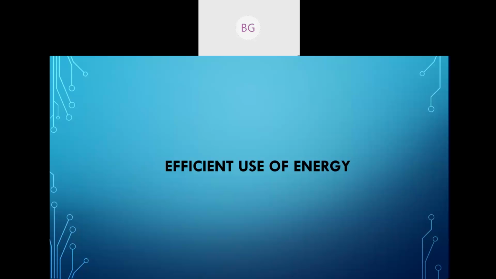So what is happening here? As the weight of the vehicle decreases, it uses fuel more efficiently. That is why we always go for lighter vehicles. The engine uses less fuel and the mileage will also be more. So this is one more example where we can use energy efficiently.